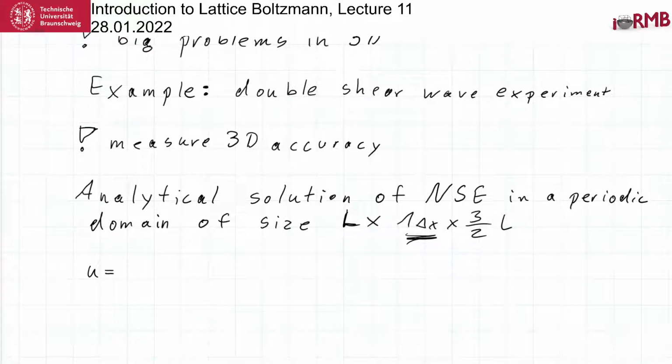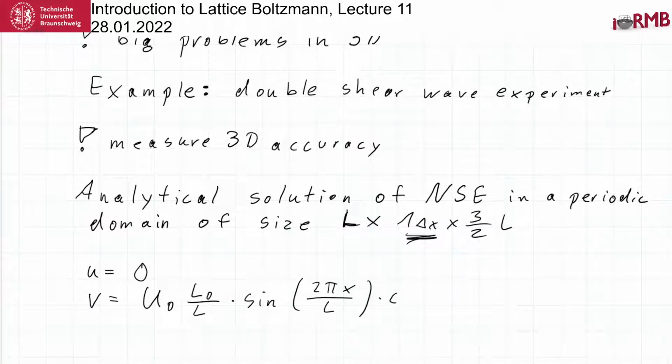Okay, so I said there's an analytical solution. I write the example together with the analytical solution. So we specify the velocity in x direction u as being 0. Then the velocity in y direction, which we call v, we specify as u0 L0 divided by L times sine 2 pi x divided by L times cosine 4 pi z over 3L.